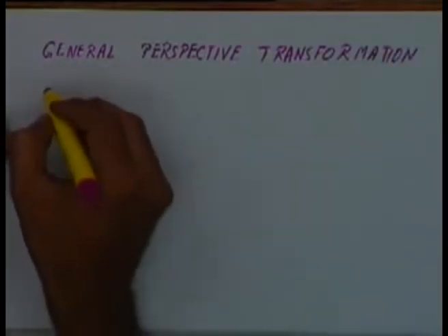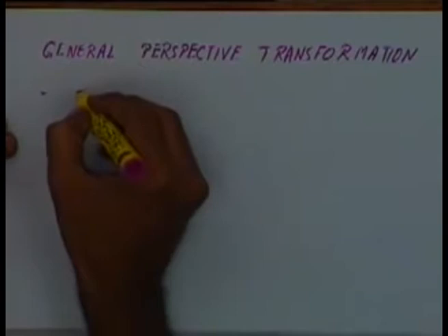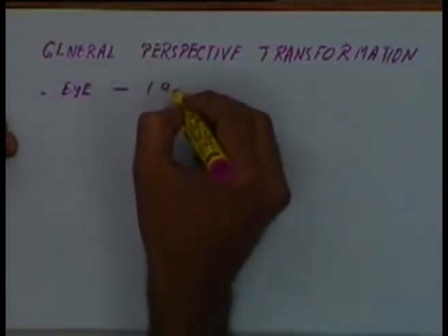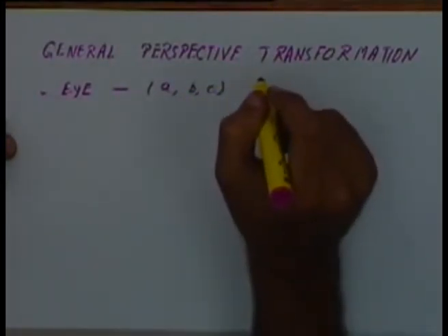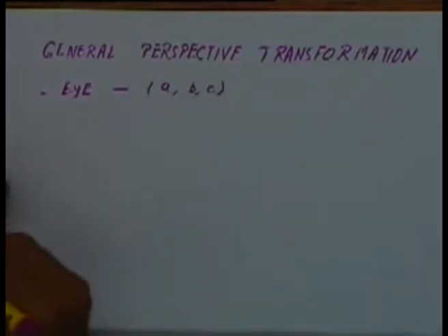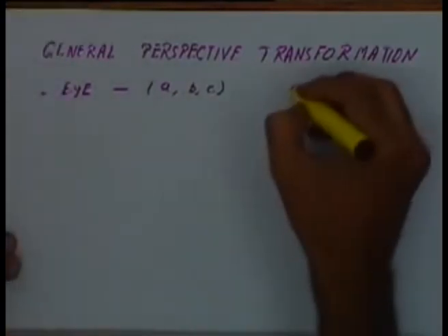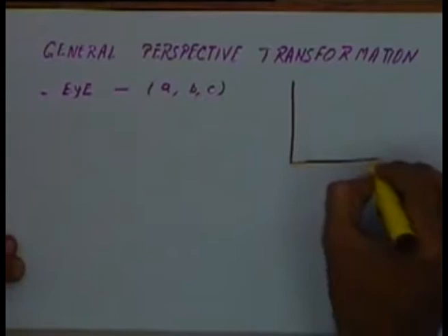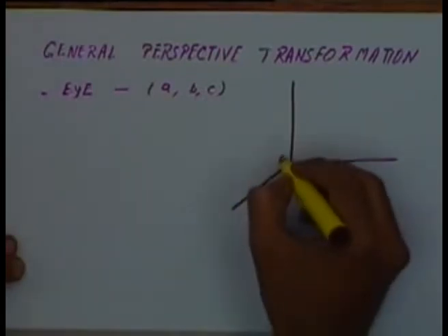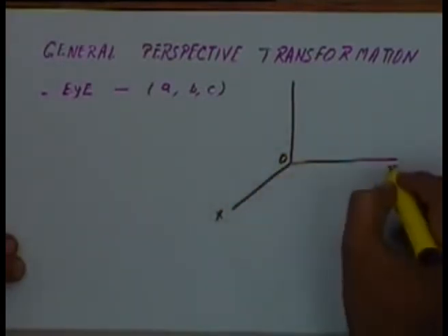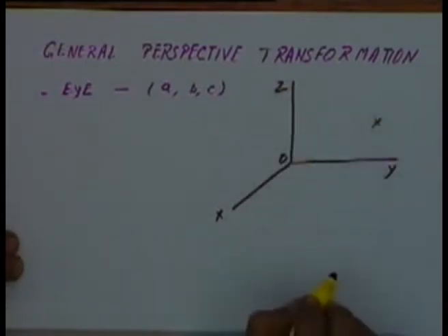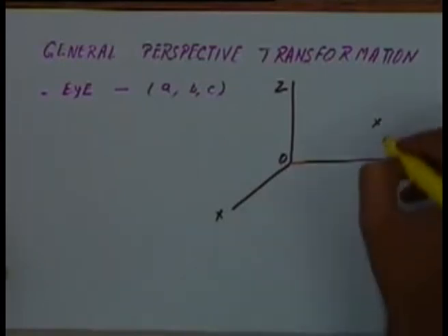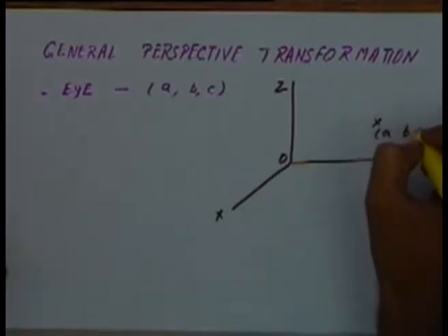In this case, we say that the eye is at any arbitrary point A, B, C. So if I draw, this is my origin. My eye is located at any arbitrary location, which is given by the point A, B, C.